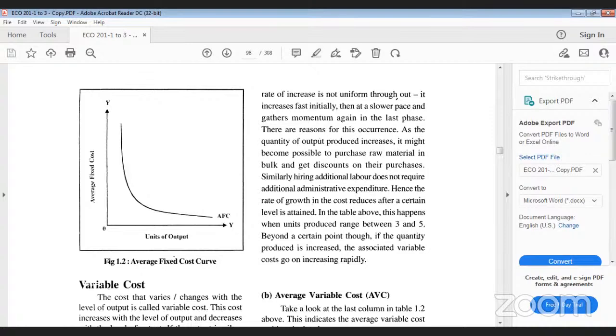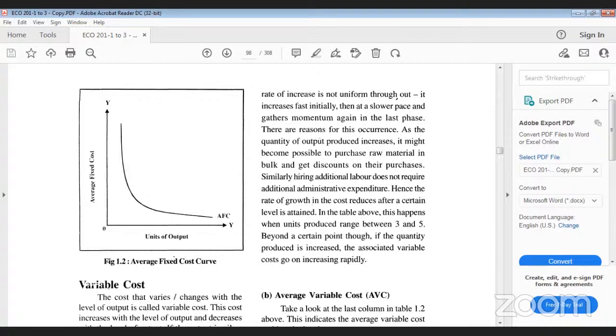It might become possible to purchase raw material in bulk and get discounts on the purchases. Similarly, hiring an additional labor does not require additional administrative expenditures.